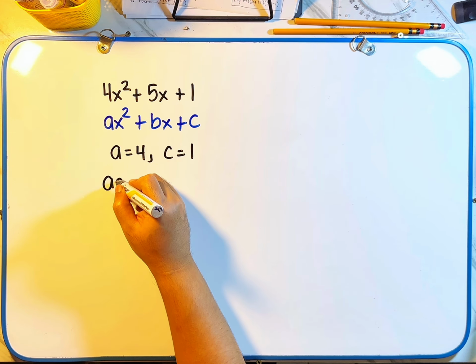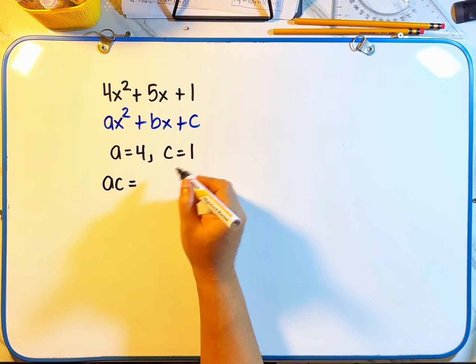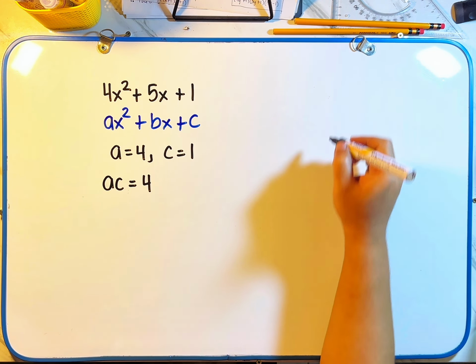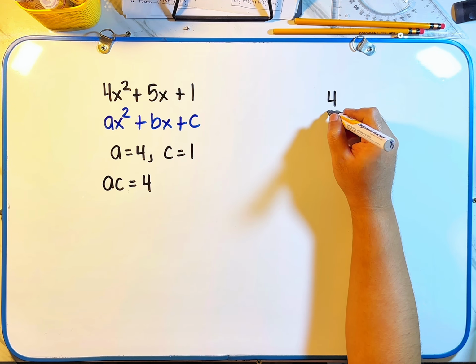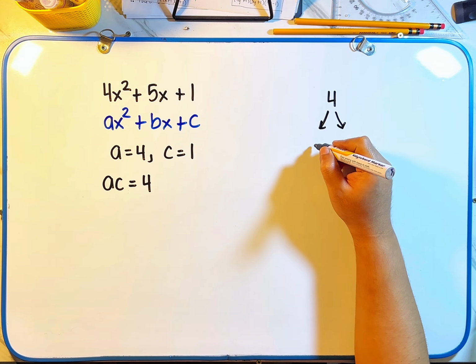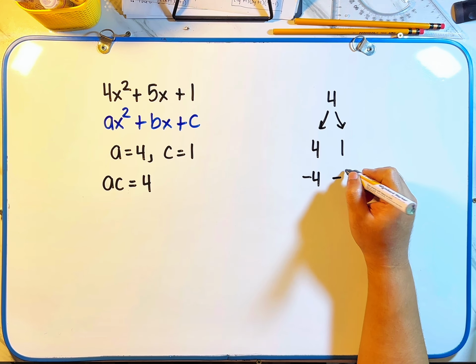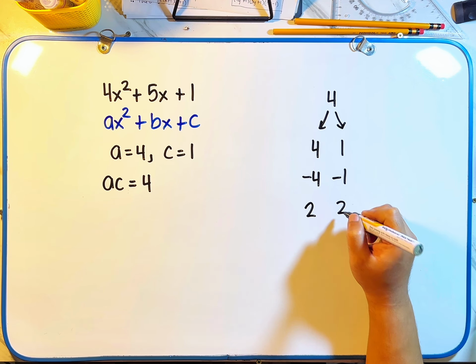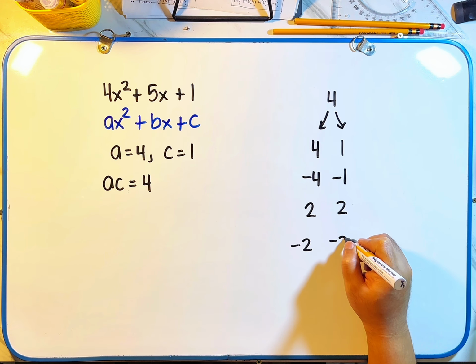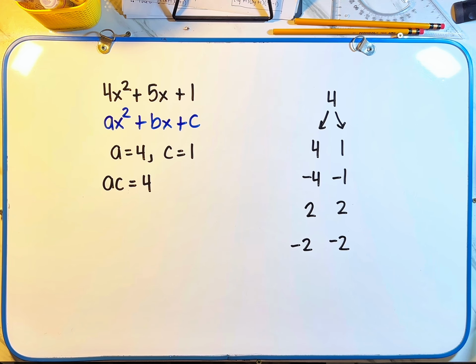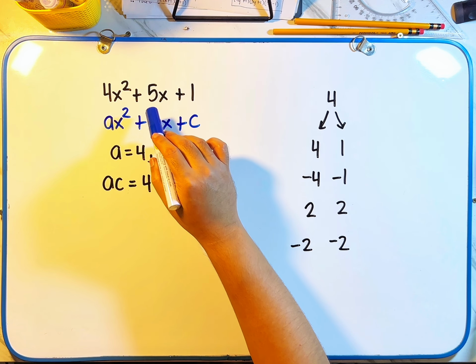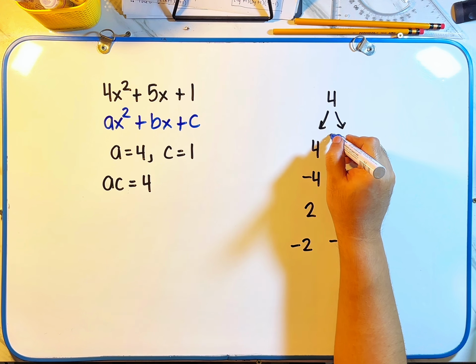The product, a times c, is equal to 4 times 1, 4. Now let us write all the factors for 4. We have 4 times 1, negative 4 times negative 1, 2 times 2, negative 2 times negative 2. All right? And the factor pair that has a sum of positive 5 is 4 and 1.